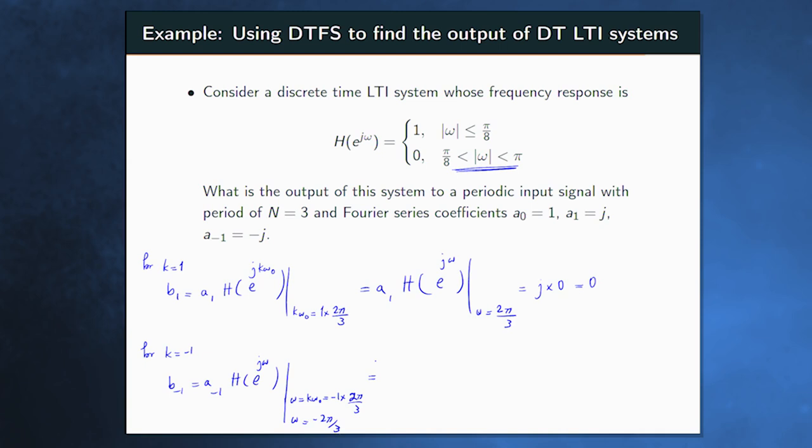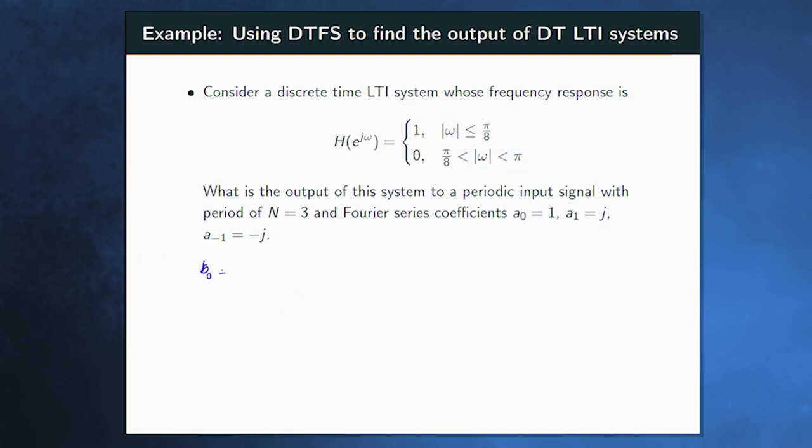With that, a negative 1 is negative j multiplied by the value of H of e to the j omega at omega equal to negative 2 pi over 3. Again, omega is in this range. As a result, the value is 0, so I'm multiplying by 0, and that's going to be equal to 0. So I calculated b sub 0 as 1, b_1 was equal to 0, and b negative 1 was equal to 0 as well.